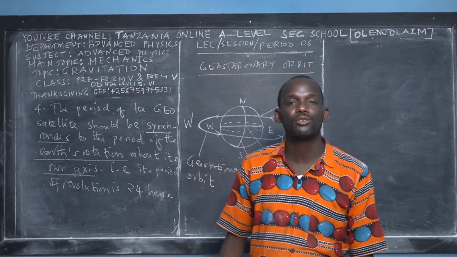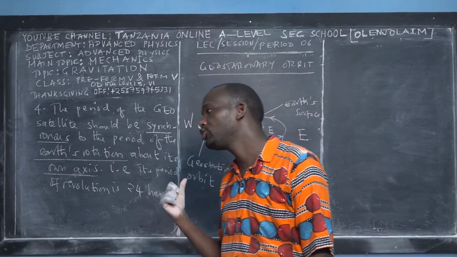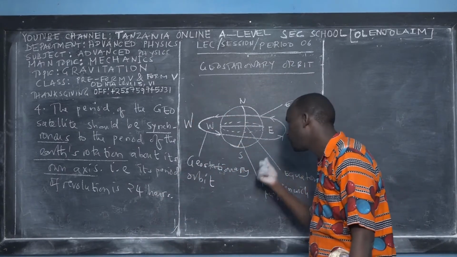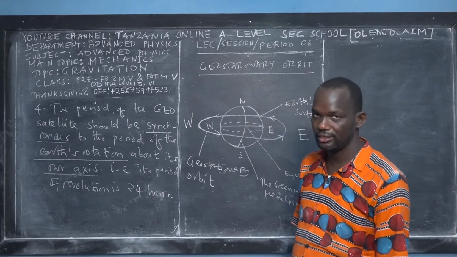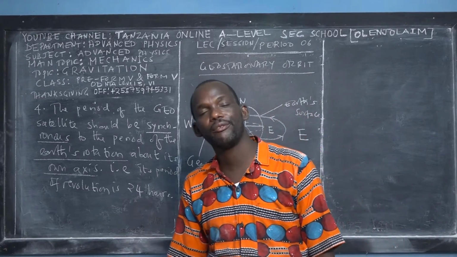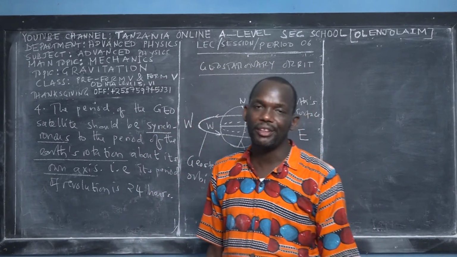Geosatellites revolve the Earth from west to east, right? The satellites I'm going to teach you now, we call them polar satellites.